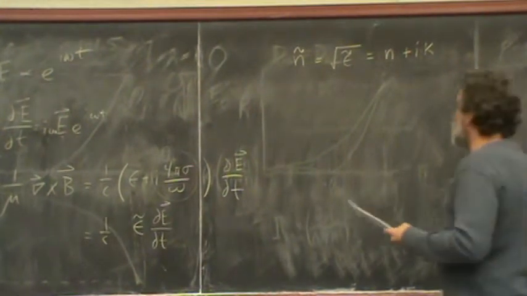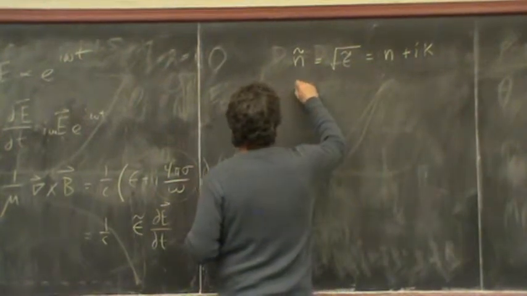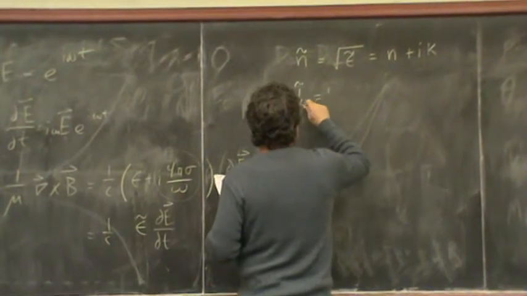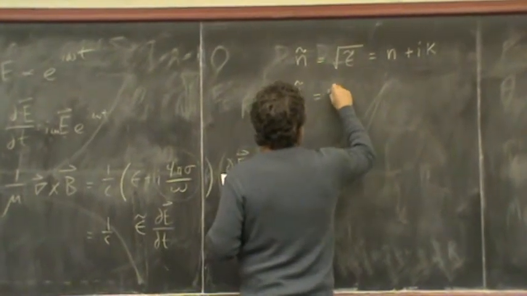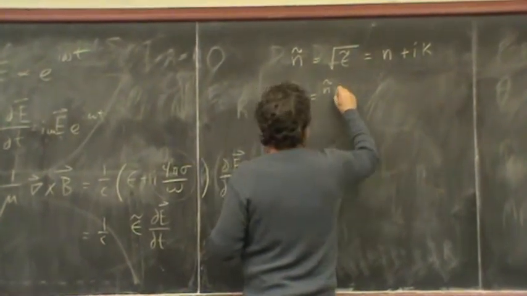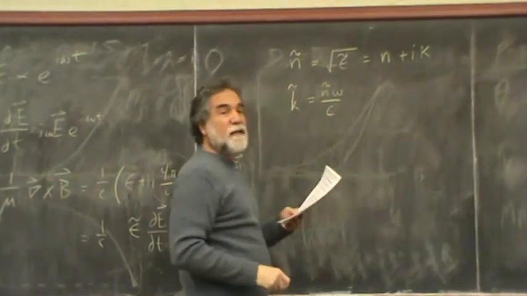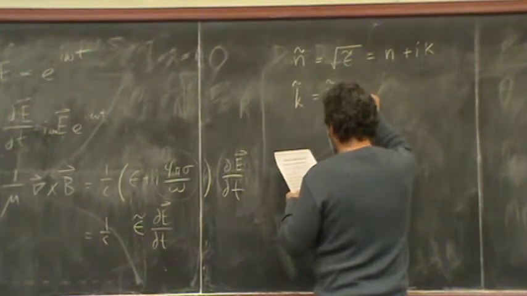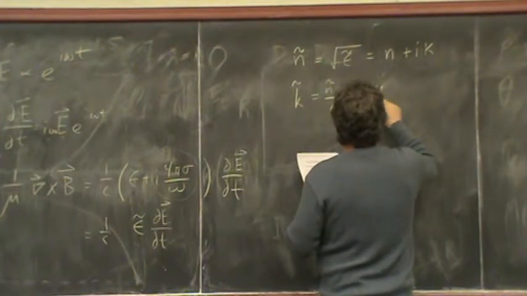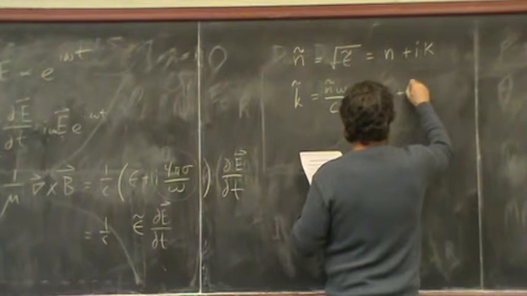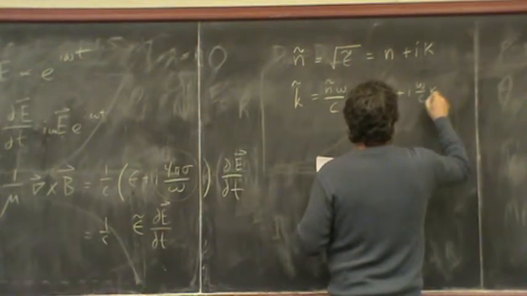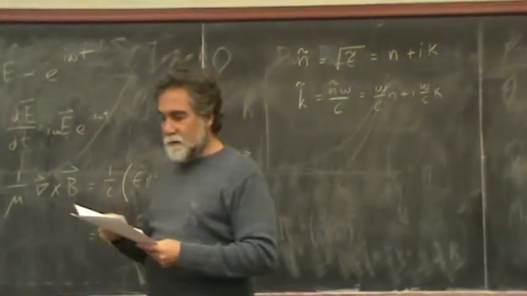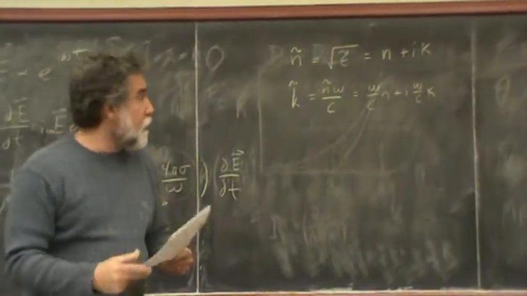And as long as I'm at it, I might as well also write that the complex wave vector is the complex index of refraction times omega over c, 2 pi over lambda, which is omega over c n plus i omega over c kappa. We'll use that. So I'll leave those relationships up there.